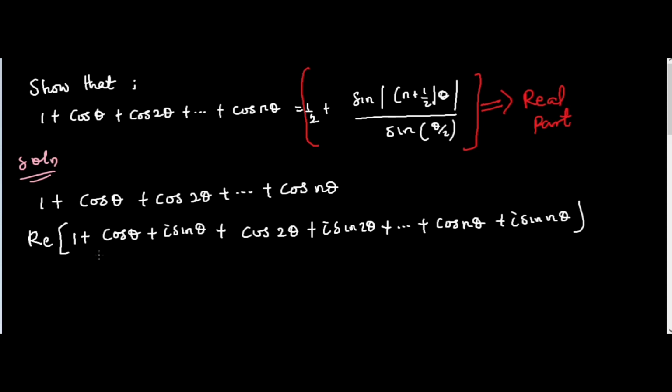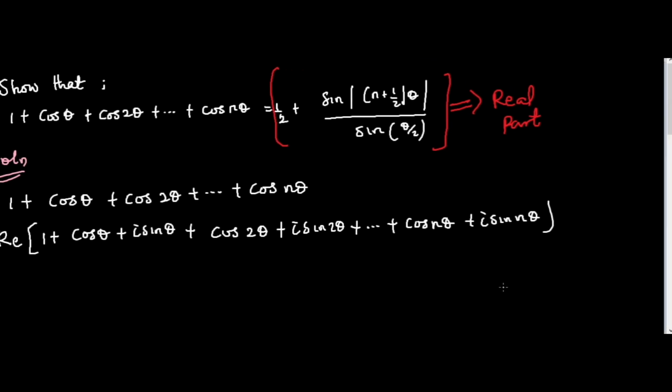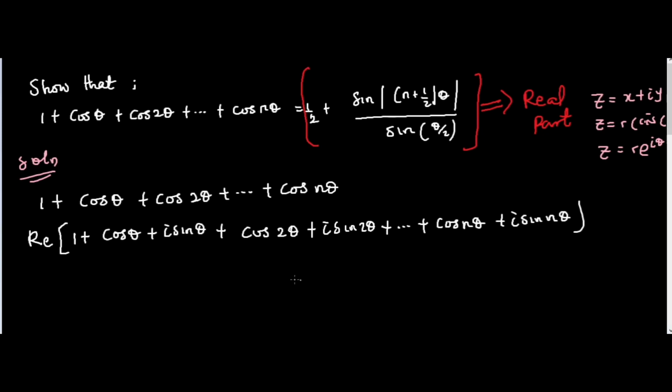So looking at this quickly, remember that we can write a complex number in 3 forms. We can write it in Cartesian form, which is z equals x plus iy. We can write it in polar form, which is r cos theta plus i r sine theta, and we can also write it in exponential form. In this particular question we will be doing it in exponential form.